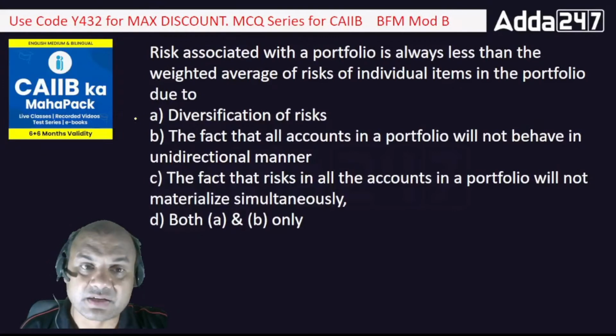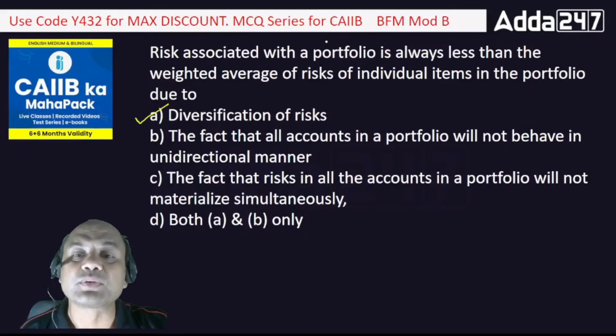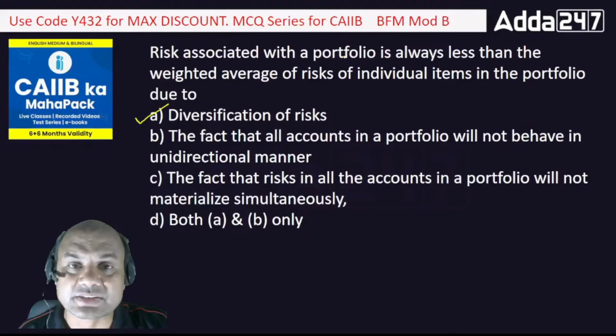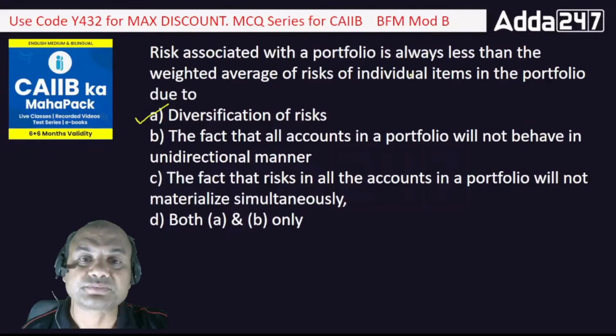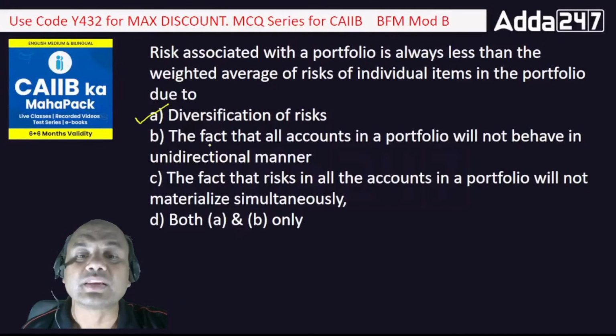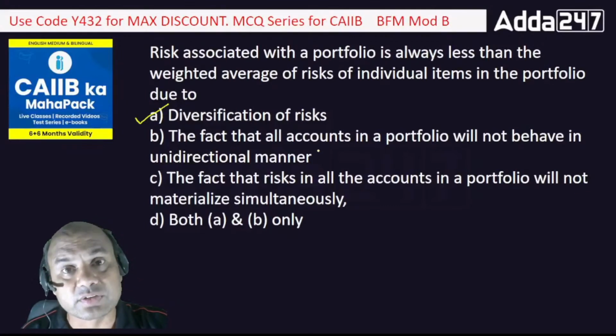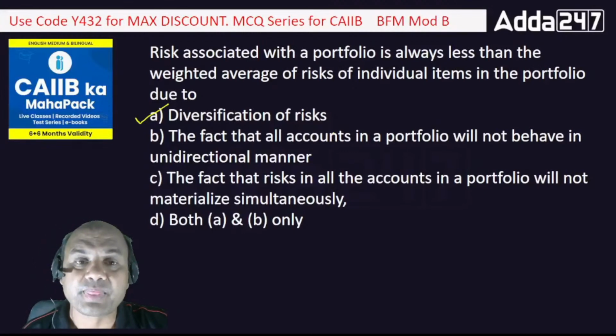It is diversification of risk. Correct, that is the point. Because of diversification of risk, the risk of the portfolio will always be less than that of the individual items. So diversification is the answer, A. But what about B, the fact that all the accounts in the portfolio will not behave in a unidirectional manner? That is also the point. Just now we saw it, right?